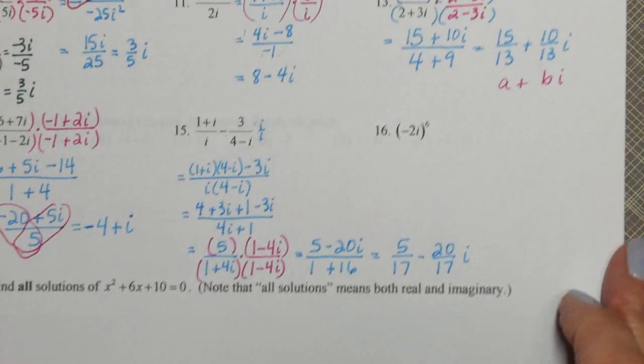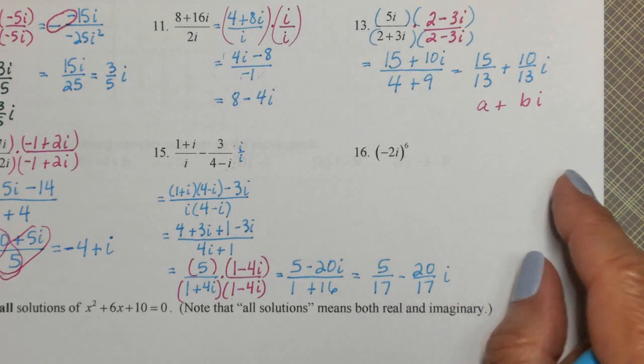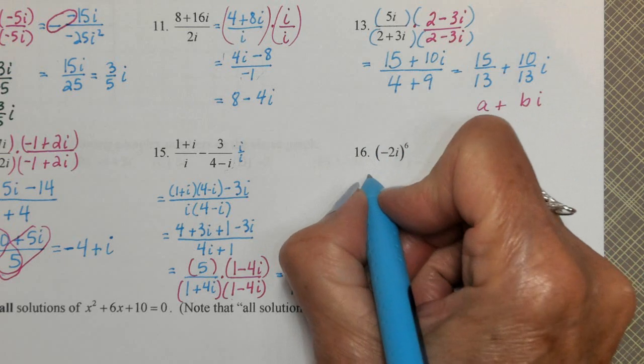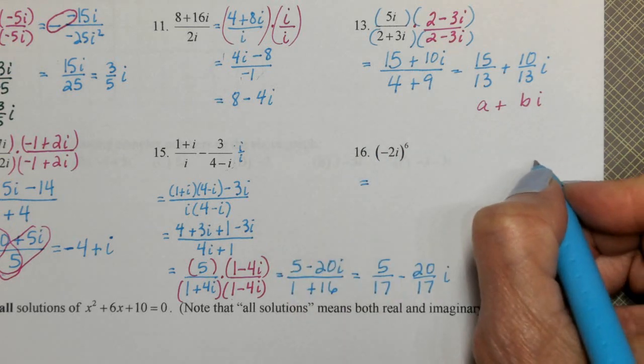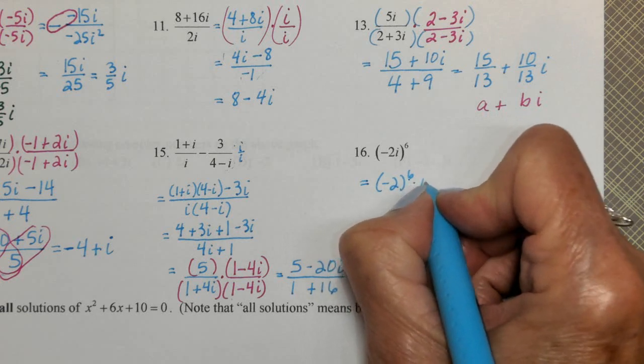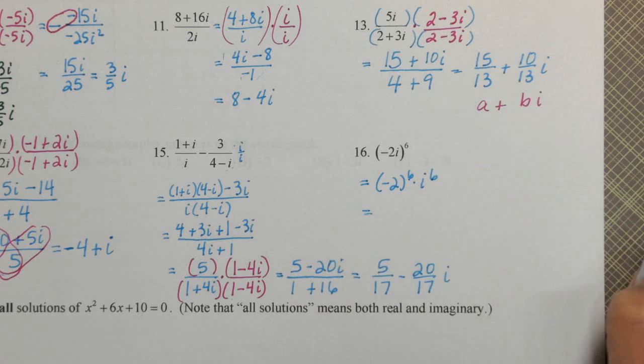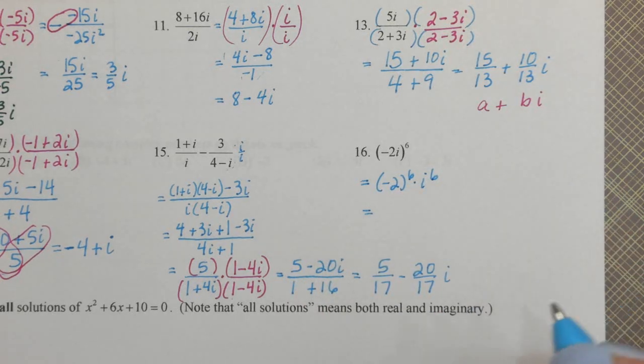one more like this. Negative 2i all raised to the 6th. So this is negative 2 to the 6th times i to the 6th. Well, negative 2 to the 6th is positive because you have an even power and a negative value.